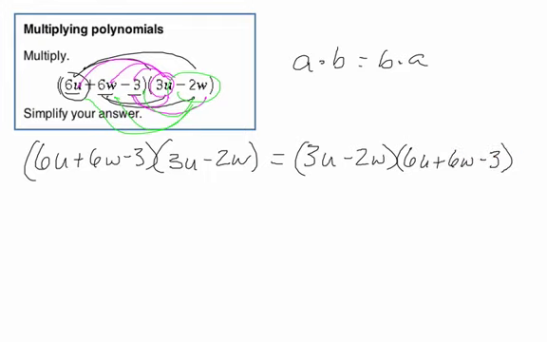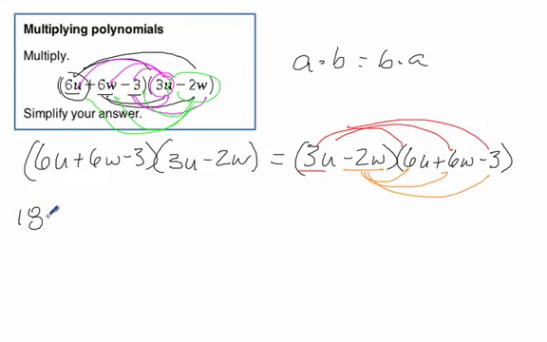And then I could use the distributive property for the 3. Boom, boom, boom. And then another distributive property for the -2w. Dun, dun, dun. And let's see what we get. 3u times the 6u is an 18u squared. 3u times the 6w is a positive 18uw, and a 3u times a negative 3 is a minus 9u.